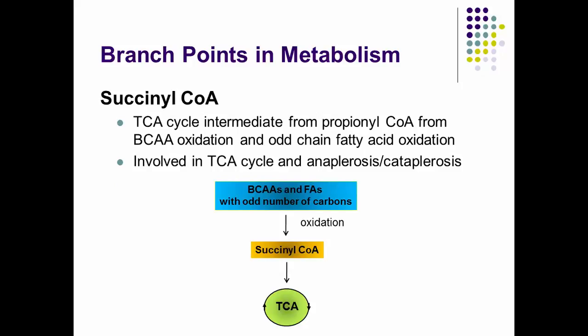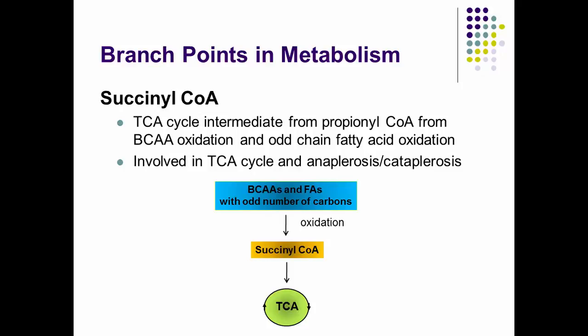All right, so the last one is succinyl-CoA. Succinyl-CoA is a TCA cycle intermediate, right? This molecule connects the metabolism of branched-chain amino acids and odd-chain fatty acids, right? Succinyl-CoA basically comes from the oxidation of branched-chain amino acids and odd-chain fatty acid metabolism, and then enters the TCA cycle, right?